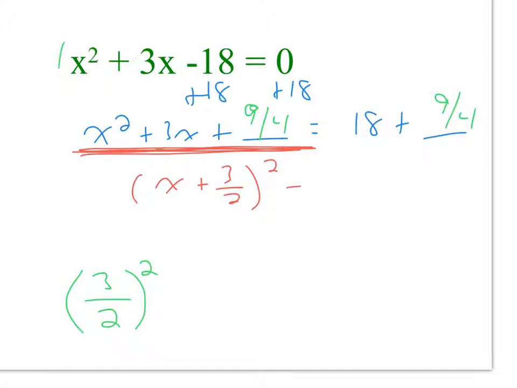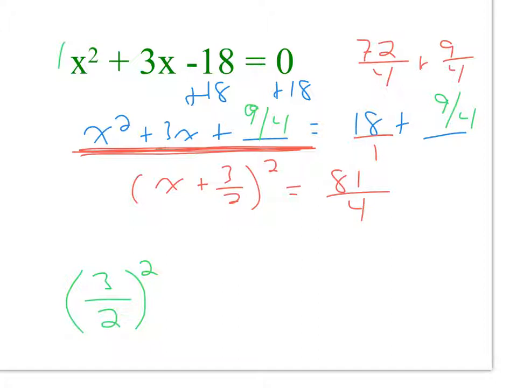And that's equal to, now 18, get a common denominator, is 18 times 4 is 72/4 plus 9/4. That's equal to 81/4.